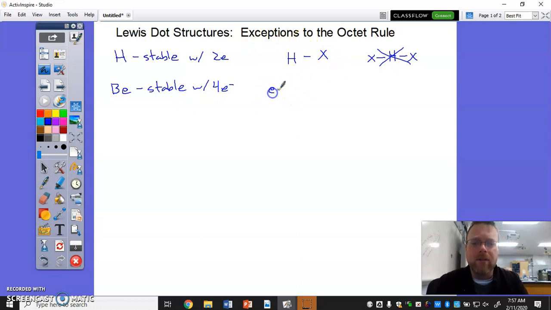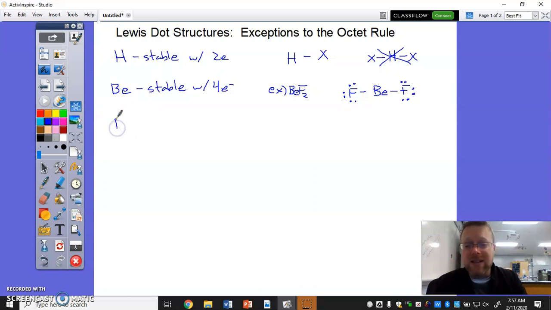An example of this would be beryllium difluoride, or BeF2, where the beryllium is in the middle of a couple of fluorine atoms, and the fluorine atoms have to follow the octet rule. If you add up the total valence electrons for this, there's enough to get 6 dots on both of your fluorines, but the beryllium atom in the middle is stable with 4, and it's the only element that can be stable with 4, so that's an exception.